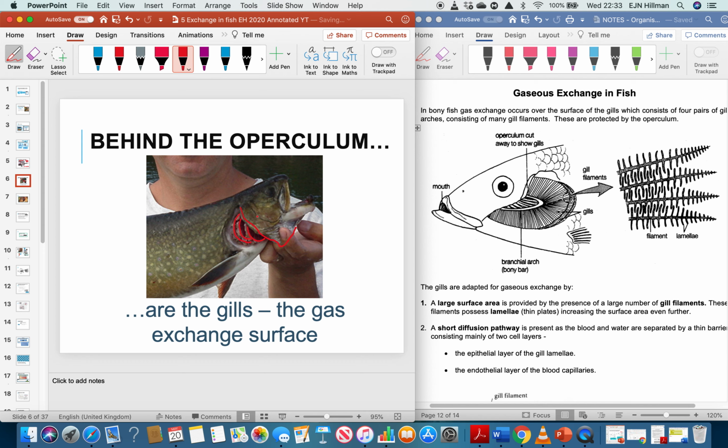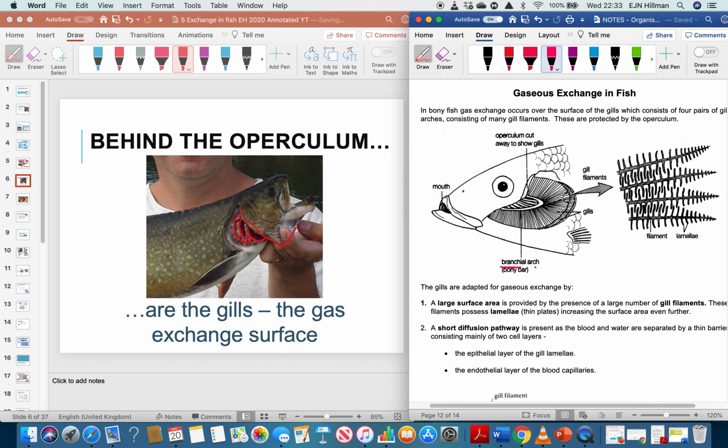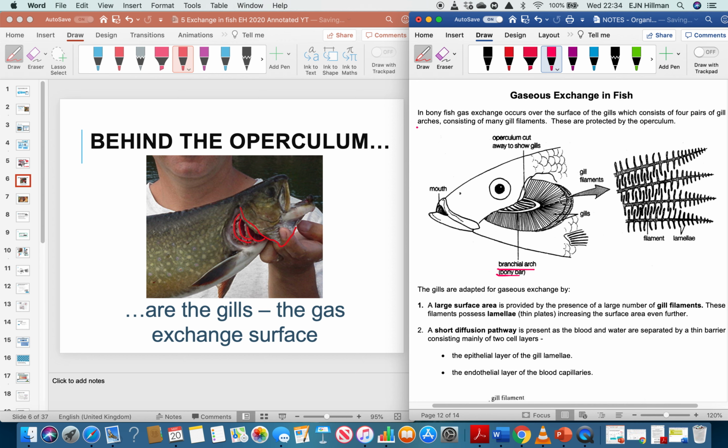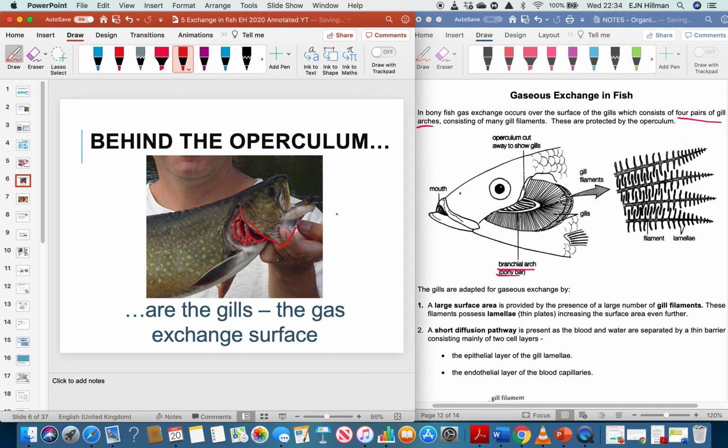The number of gill arches, or branchial arches, this bony bar that we can see in the notes, changes depending on what the fish is, but in the example that you've been given here, the surface of the gills consists of 4 pairs of gill arches. Okey-doke. Right, now already, as there are 4 of them rather than just 1, we've already got an increased surface area. So there are 4 gill arches.